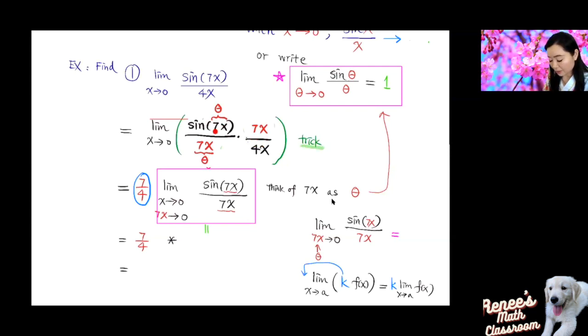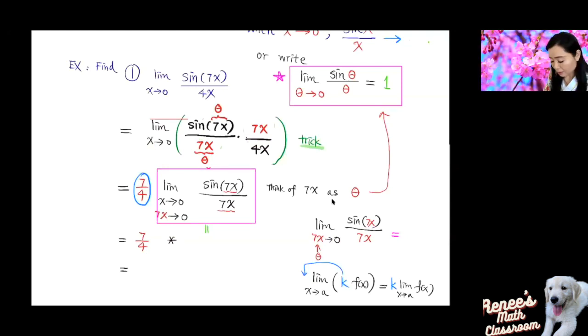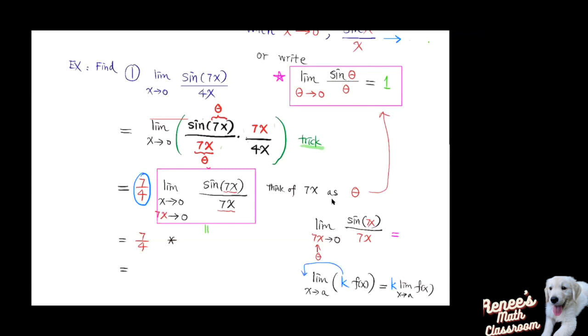Now what happened over here? Think about this as theta. So you have sine theta over theta. When theta approaches 0, the limit of this will be 1. But this is not 7x, so think about this: when x approaches 0, what happens to 7x?